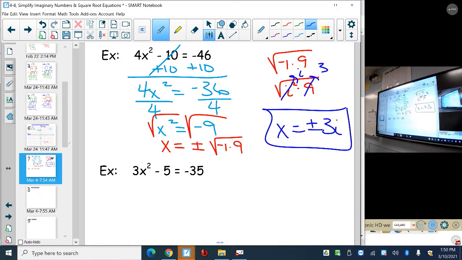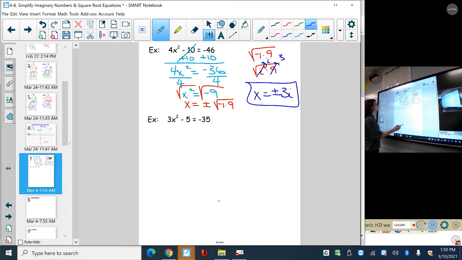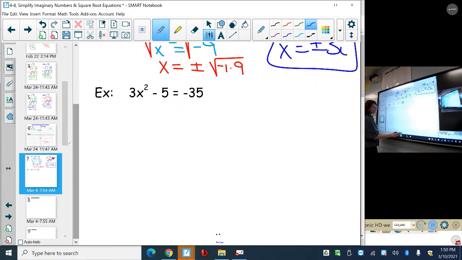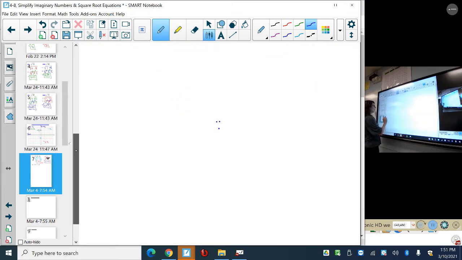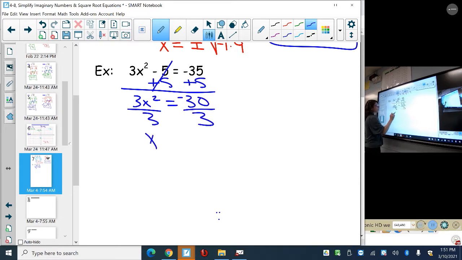Okay? We're going to do that again. So if we do that again, we're going to go ahead and add 5. 3x squared is equal to negative 30. Divide by 3. X squared is equal to negative 10.